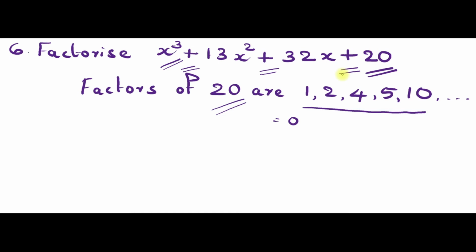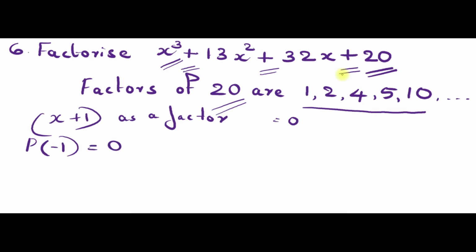So if you are considering x plus 1 as a factor, then p of negative 1 will be equal to 0. So first step, p of negative 1. Substitute the value negative 1 instead of x and check whether it is 0 or not.